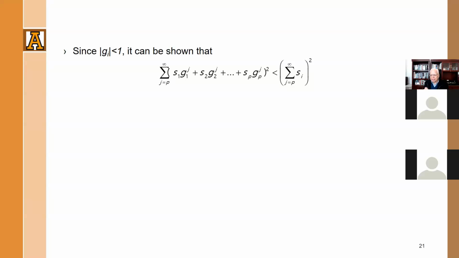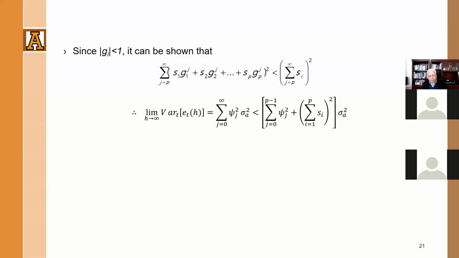When we compute the variance, that variance will be bounded, but now it will keep growing, right? So when we take the limit now, that's also just replacing the equation from the last slide into this one here. The limit when h tends to infinity of the variance conditional on t. It's always important that when we compute the variance or the expected values, we are conditioning on t, that we know all the data up to time t.